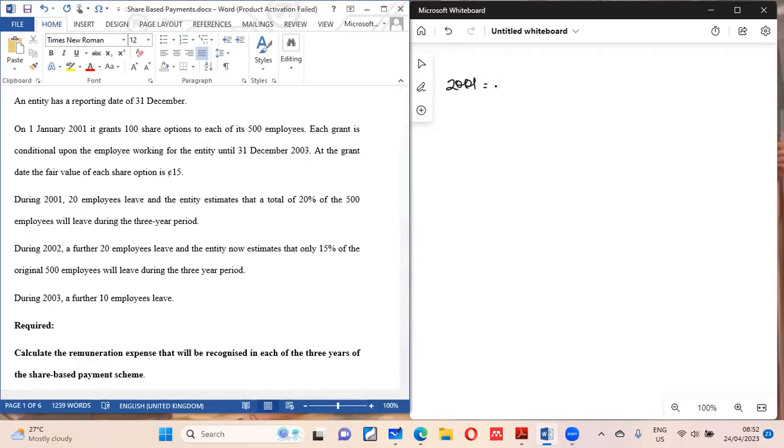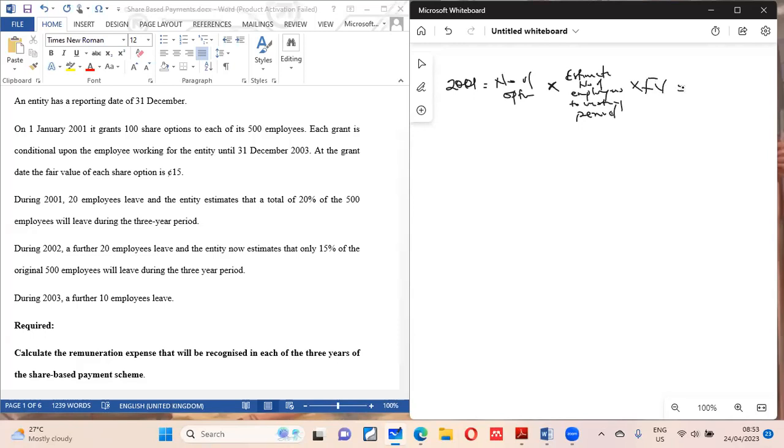So what I gave you was that you find the number of options at the grant date, you multiply it by the estimated number of employees who will vest to the vesting period. Then you multiply this by the fair value.